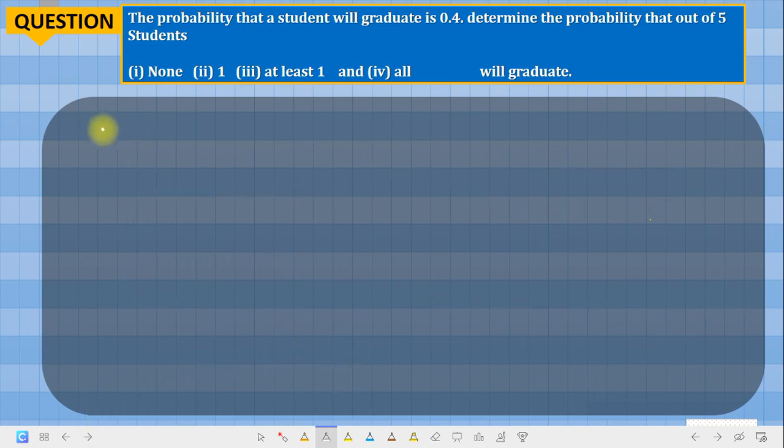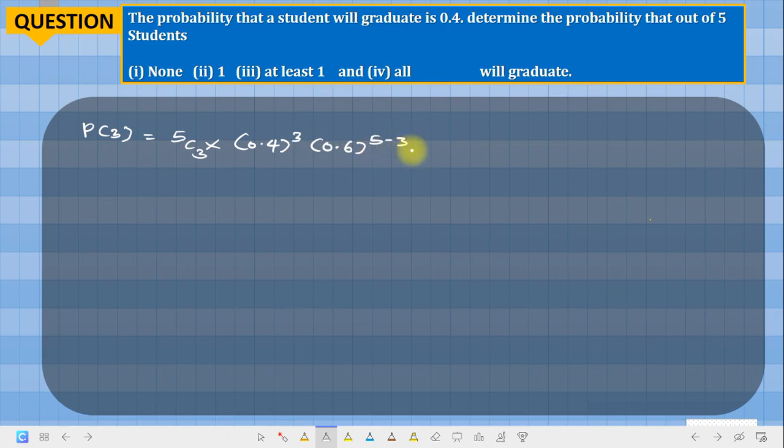Let's continue. The probability that 3 will graduate is 5 combination 3 times 0.4 raised to the power of 3 times 0.6 raised to the power of 5 minus 3.